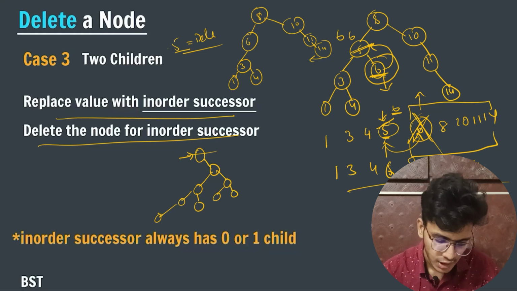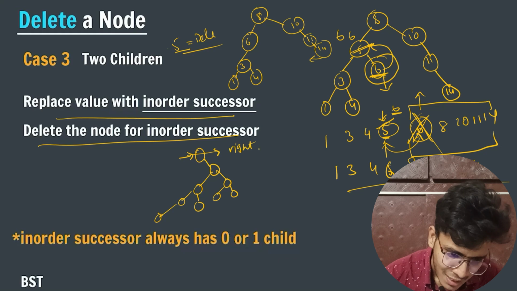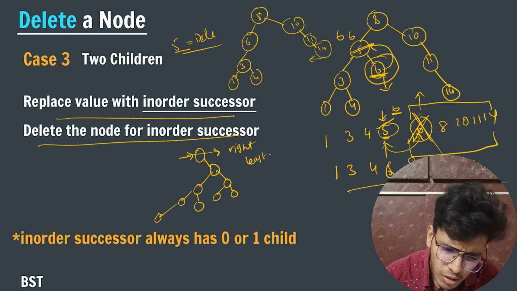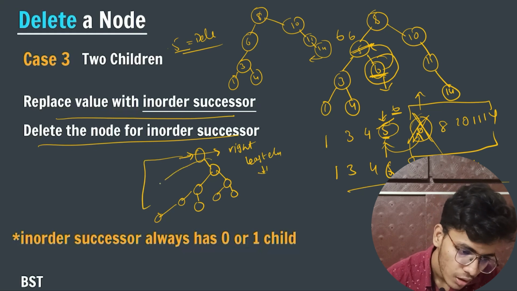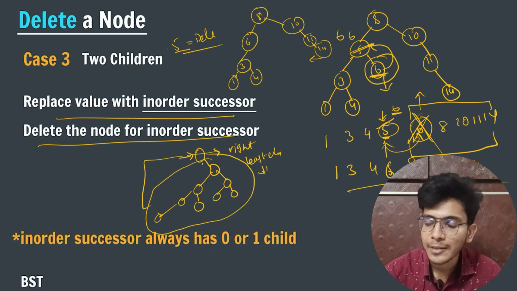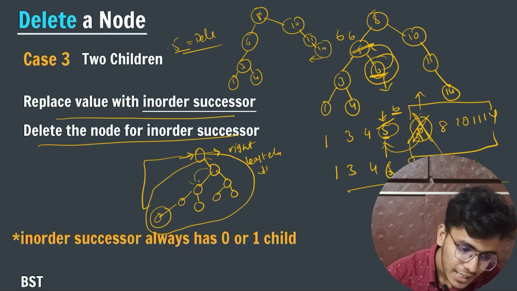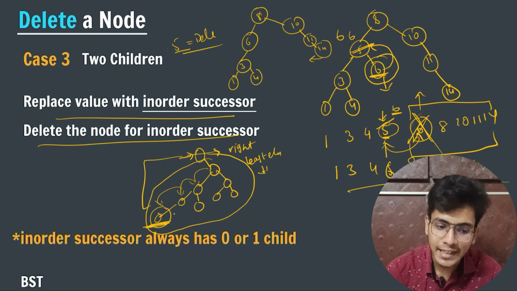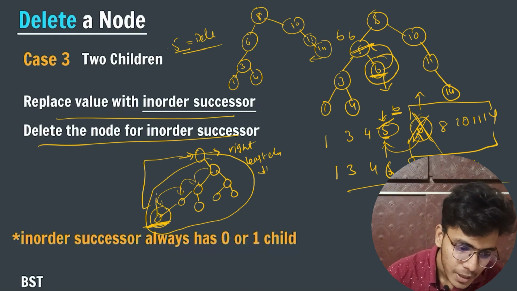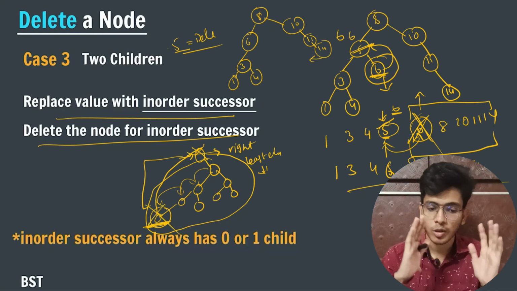So I will check its right least element, and just observe that in this tree on the right side, where can I find my least element? I can find my least element on the left part. So I will go to its left part, and finally here I will find the least element, and that element will replace this one, and I will delete this element. I hope you got the logic here.